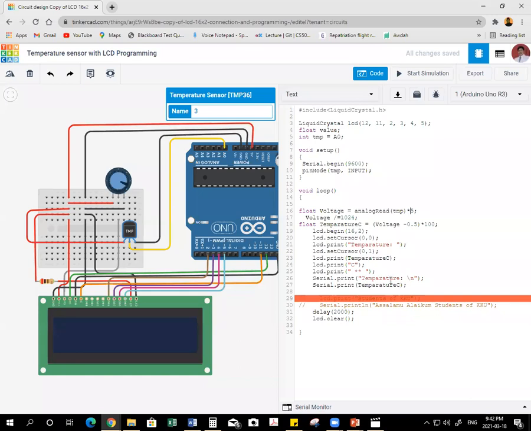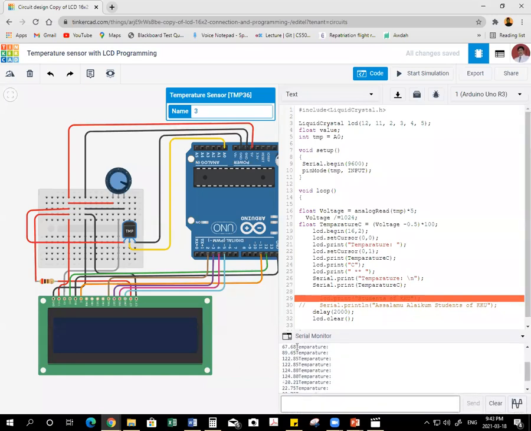Now serial print temperature. Now I am printing this here in serial print. See, we are printing the temperature every time. Now we are printing the temperature. Now come to this, delete this.